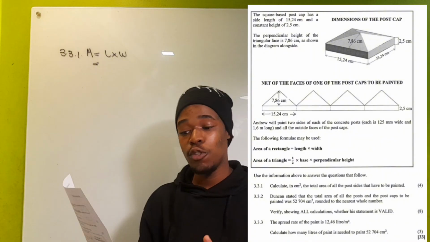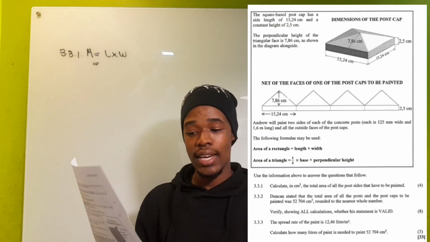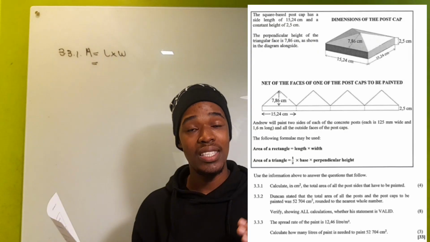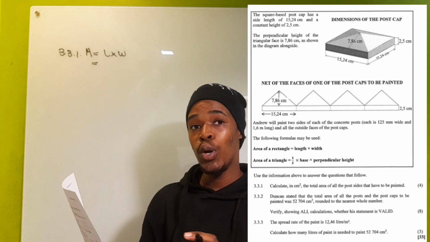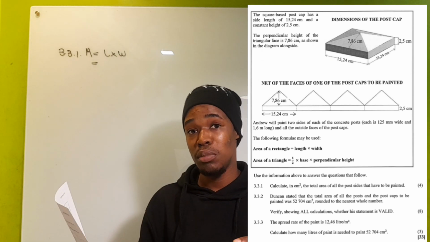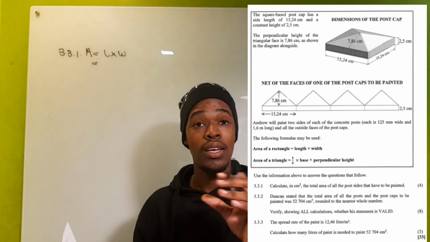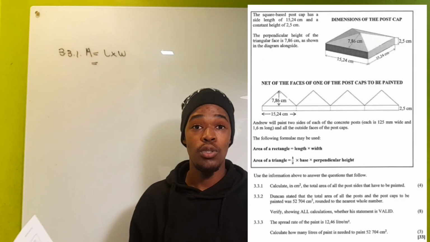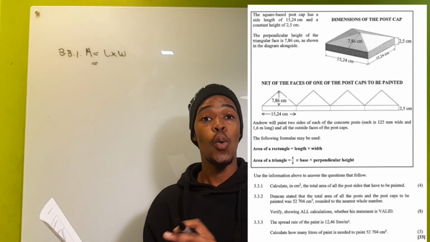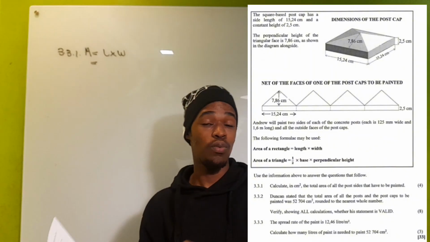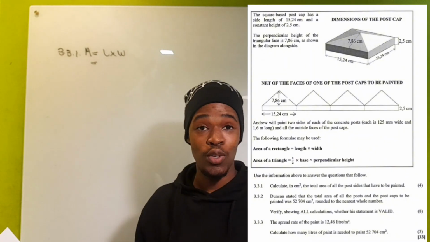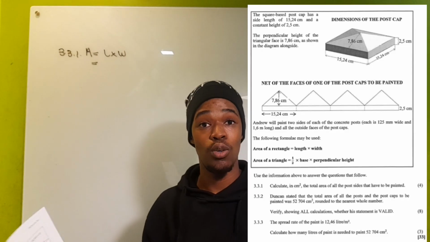They all have to be in the same unit, and we've been told that our answer should be in centimeters squared. So before we can calculate the area, we're going to convert our dimensions to centimeters, so we don't get confused once we get our answer in meters or millimeters and have to convert it. We're just going to convert everything now.